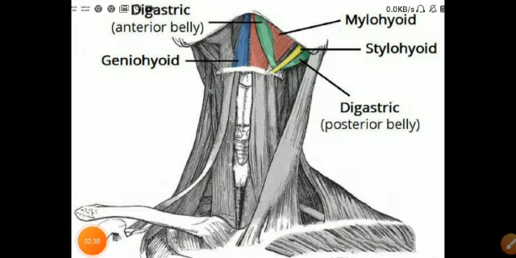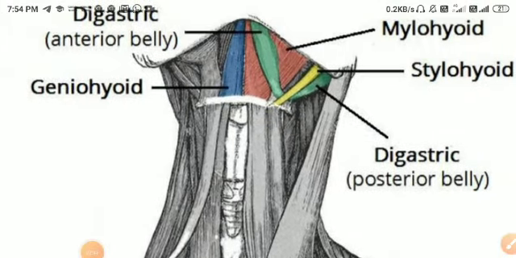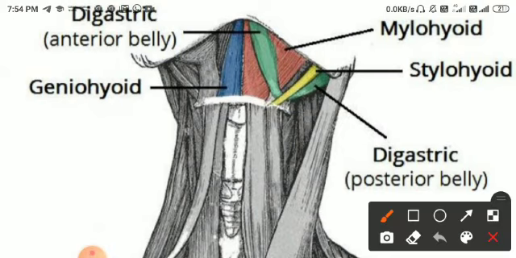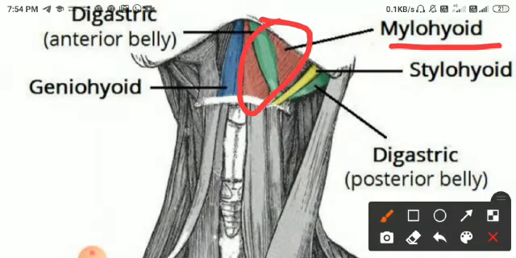Let's see the structures, what those muscles are called, the suprahyoid muscles. These muscles are the mylohyoid, which is this. Stylohyoid is this, from the posterior surface of the styloid process to the junction of the greater cornu and the body of the hyoid bone.